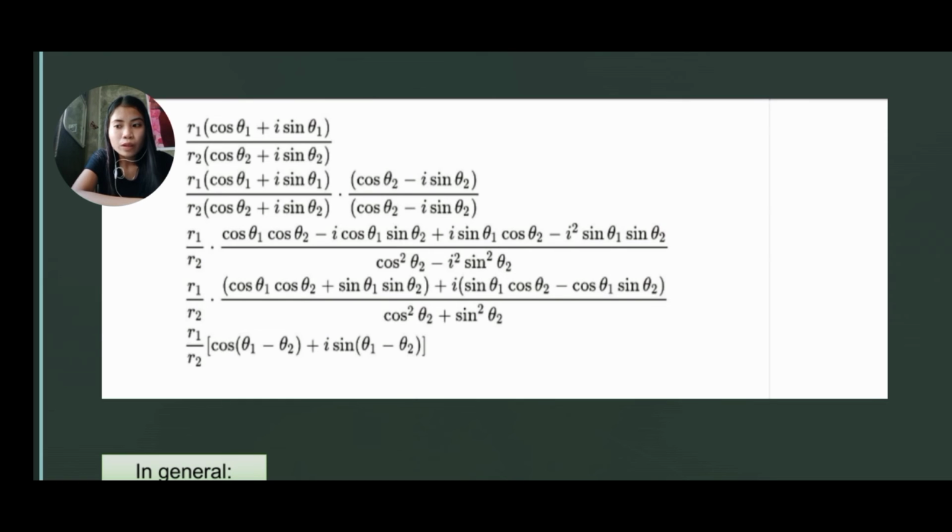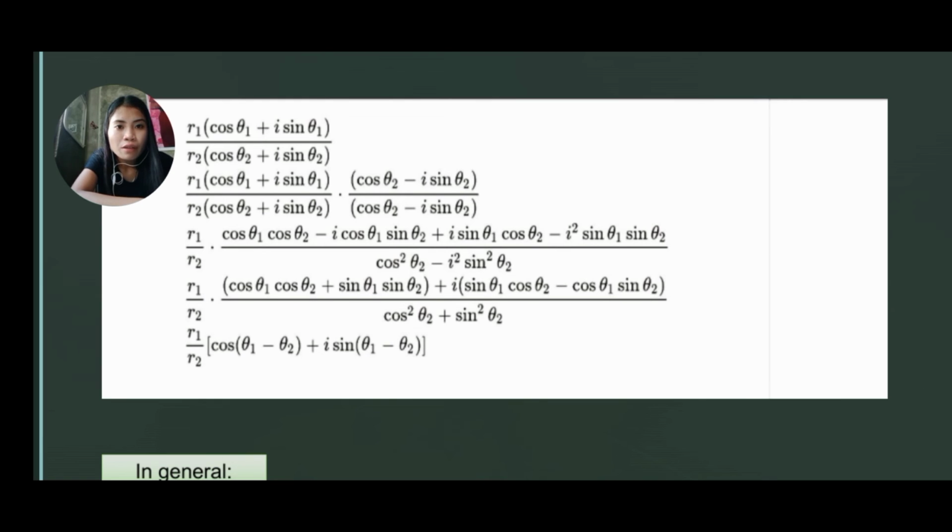Then we need to multiply both numerator and denominator by the conjugate of the denominator. Therefore, we multiply by cos theta sub 2 minus i sin theta sub 2 over cos theta sub 2 minus i sin theta sub 2.